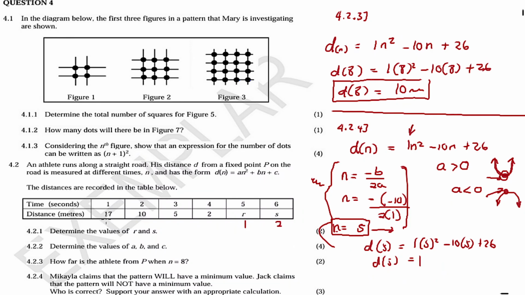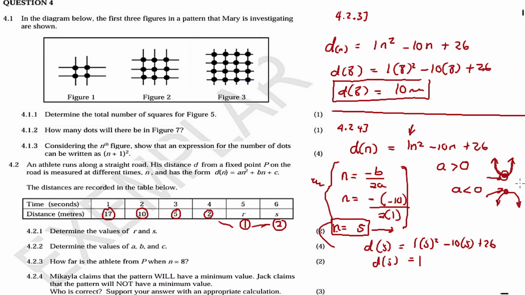A 1 and a 2. So we go from 17, 10, 5, 2, 1. Then we go back to 2. This is further confirmation that 1 is in fact your minimum point.